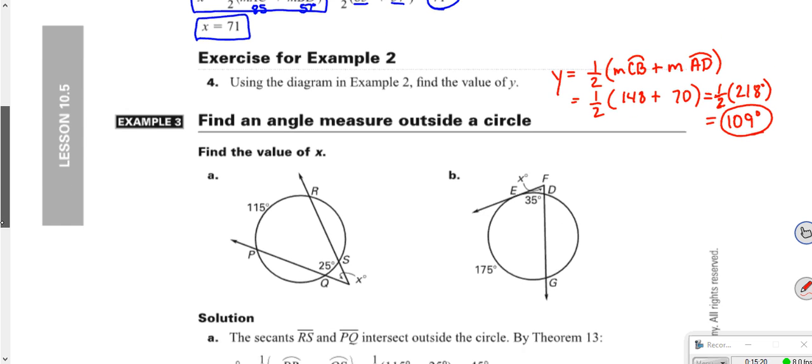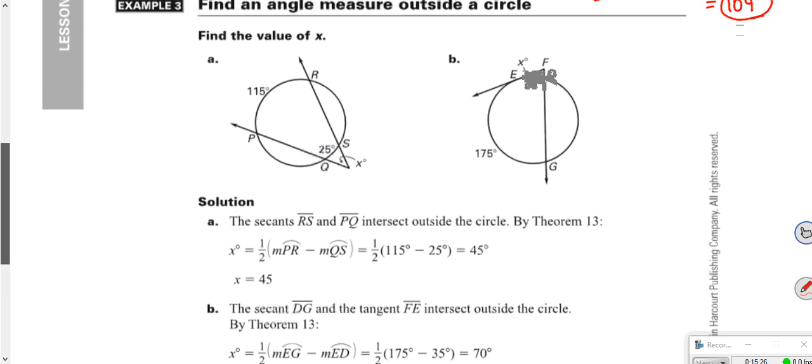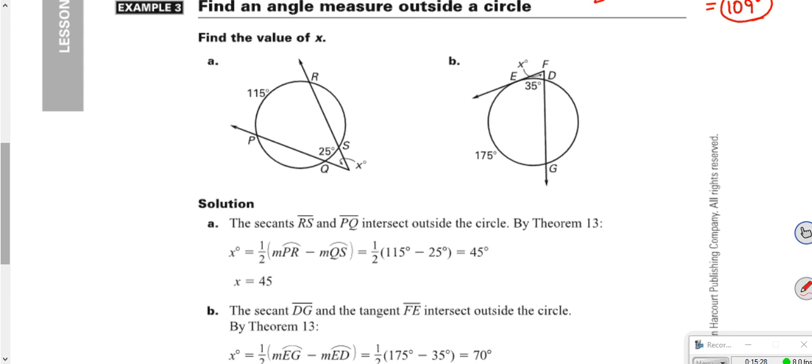Now, let's look at these external angles here in example 3. It says find an angle measure outside a circle. So part A, we're dealing with two secants. So again, we are looking for angle X, and the two arcs that get intercepted are the PR and the SQ.